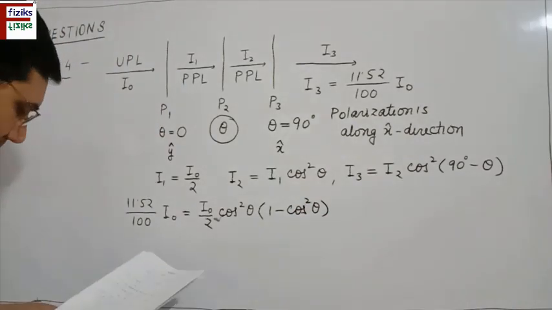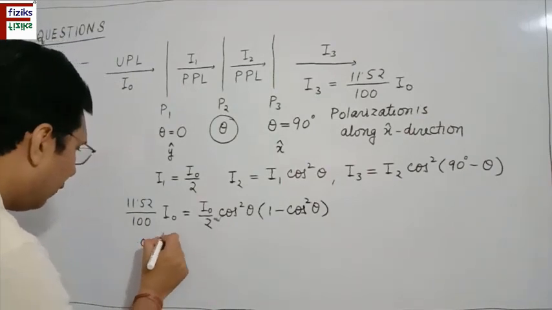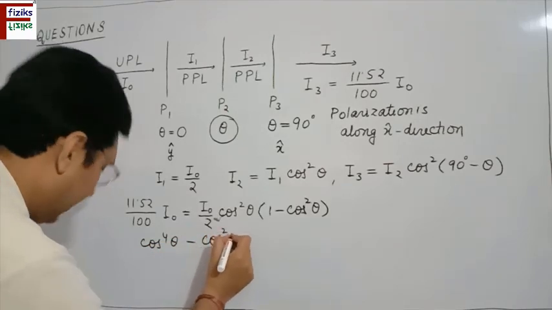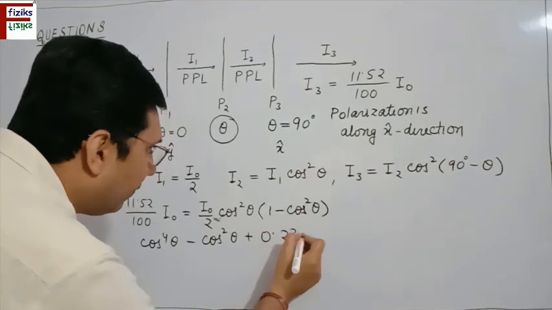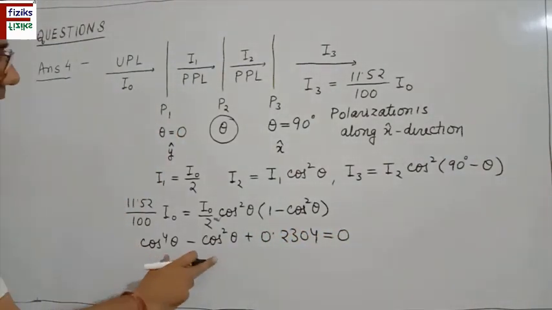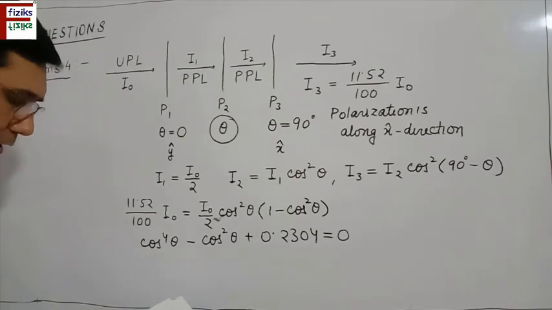My final equation will become cos to the power 4 theta minus cos square theta plus 0.2304 equal to 0. So basically this is a quadratic equation in terms of cos square theta. By solving this equation using the quadratic formula, Sridharacharya formula, we can find the value of cos theta.